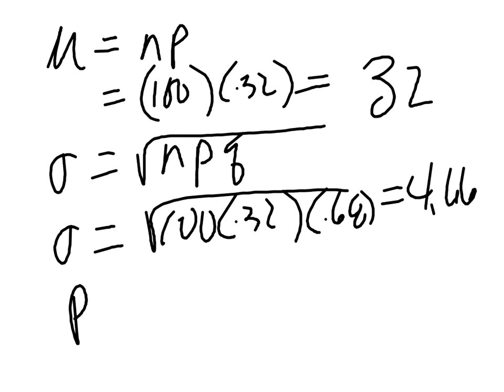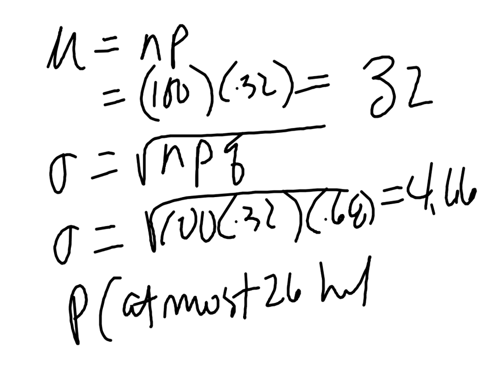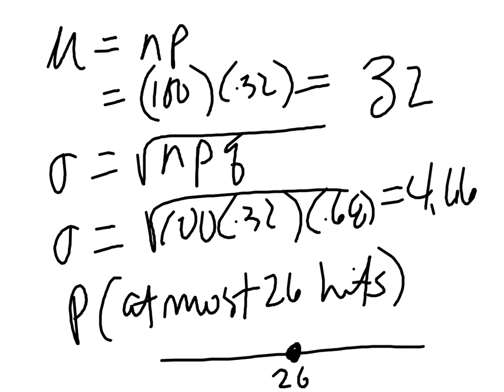The way the question is phrased, it says find the probability that the batter will get at most 26 hits. Well, if you were graphing that, at most 26 would be 26 or less, and it would look like this on a number line. Okay, so that's what we're looking for, and we have to remember that when we're dealing with a binomial situation, that is a discrete situation.